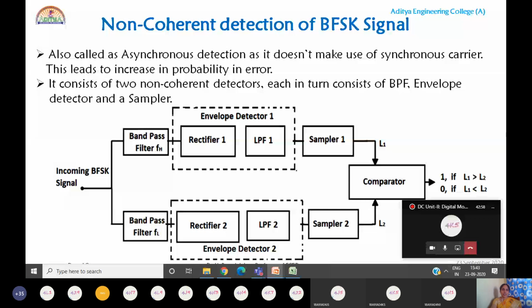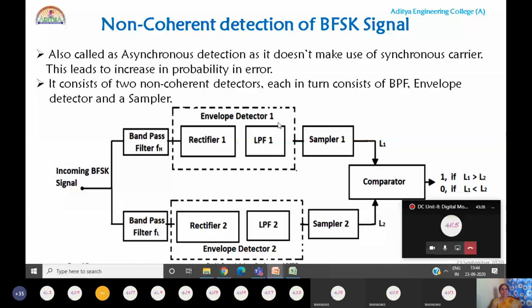See, please observe the circuit. The incoming BFSK signal is applied to, here also, two non-coherent detectors. First the upper non-coherent detector and the lower non-coherent detector, and both the non-coherent detectors once again consist of a band pass filter, envelope detector and sampler.